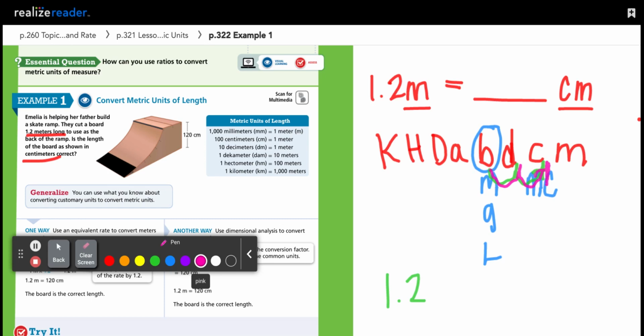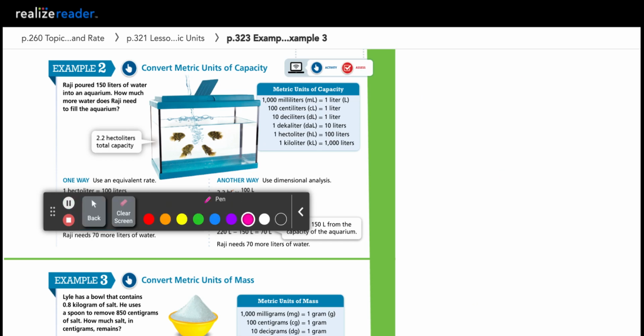That way I'll remember I have to move my decimal point once, twice to the right. Fill in your decimal, that way you don't forget it. So 1 2/10 meters is equal to 120 centimeters. So is she correct? Is the ramp 120 centimeters? Yes, she is.